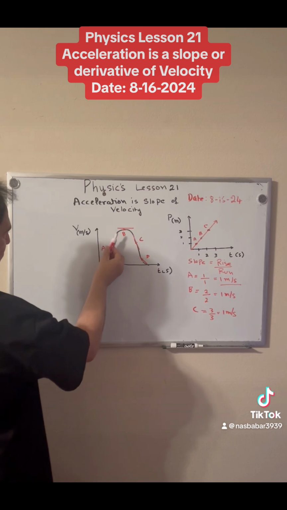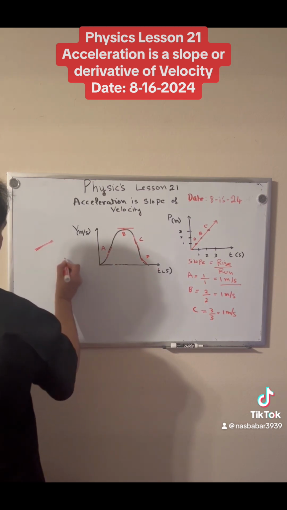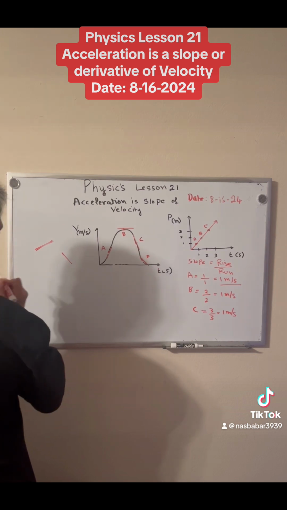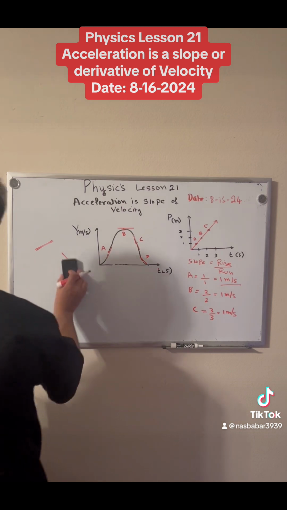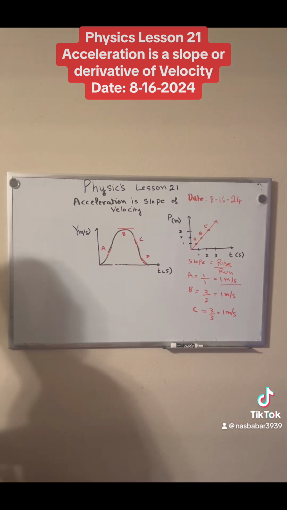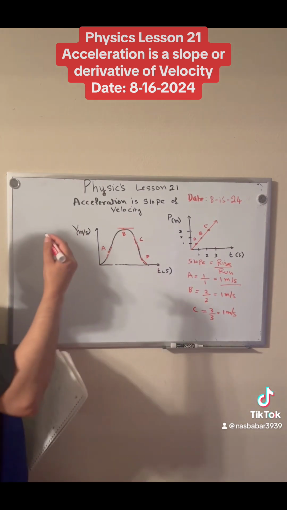Okay, this is positive slope, right? This is positive slope, and you have something like this. This right here is negative slope. Okay, so my slope is positive, therefore my acceleration, the derivative, is going to be positive.